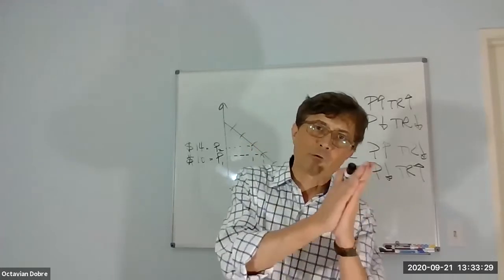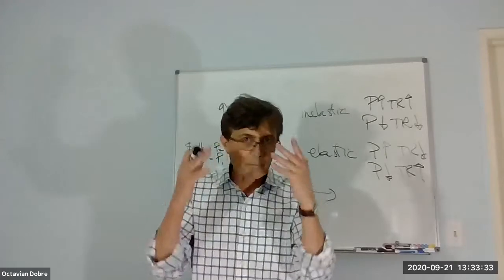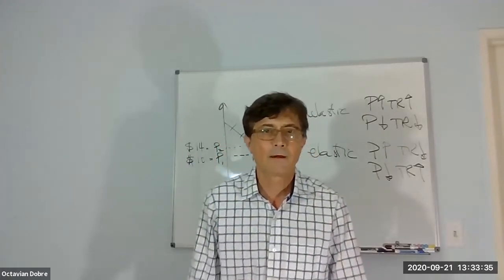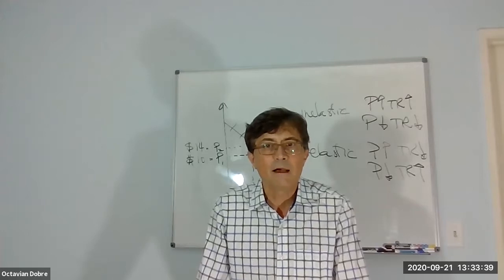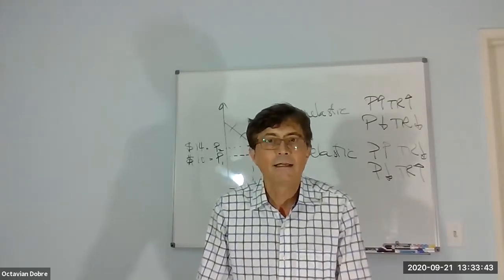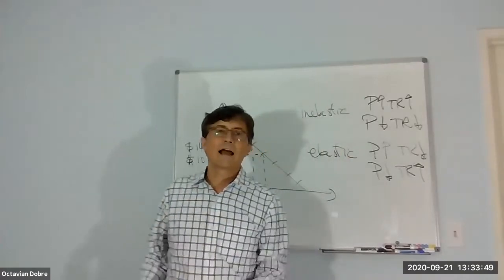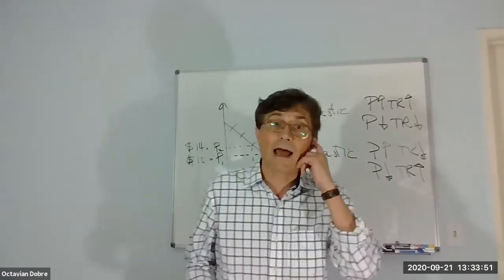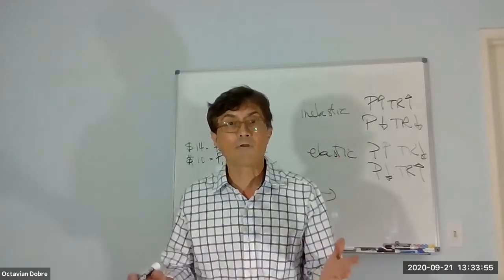So the demand for Crest toothpaste and the demand for toothpaste as a product. Which one is going to be more elastic? Which one is going to be more inelastic? Crest, elastic. Exactly. Crest is going to be more elastic. Toothpaste, less elastic. How come?